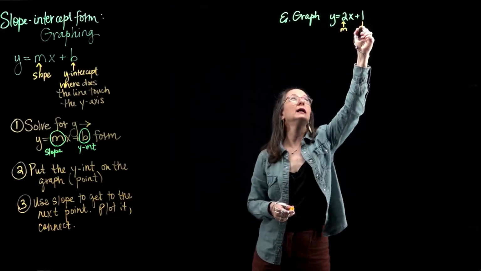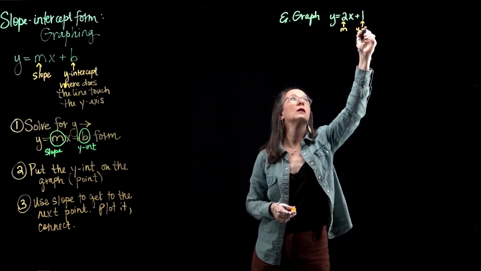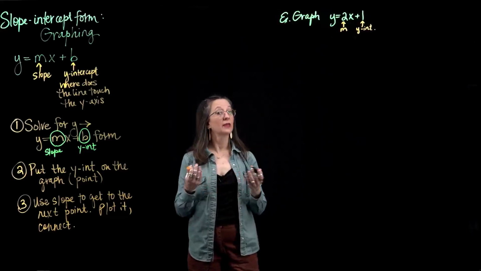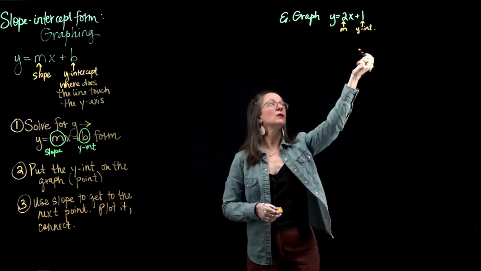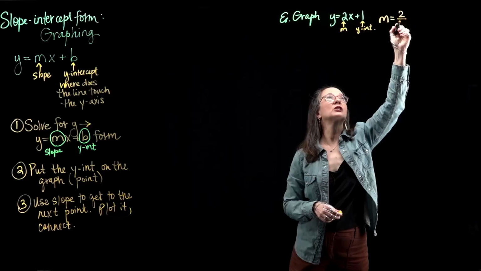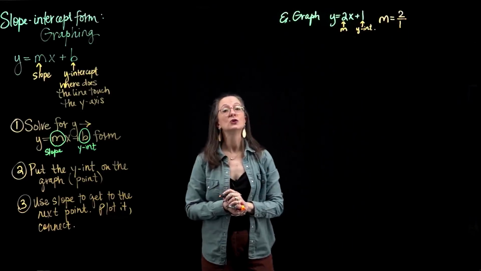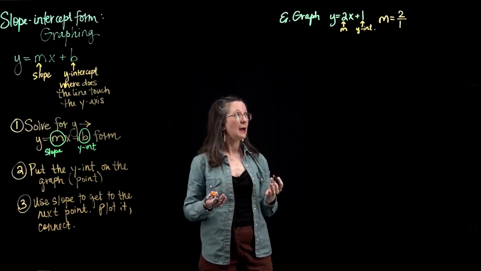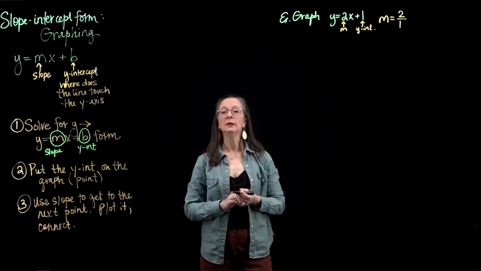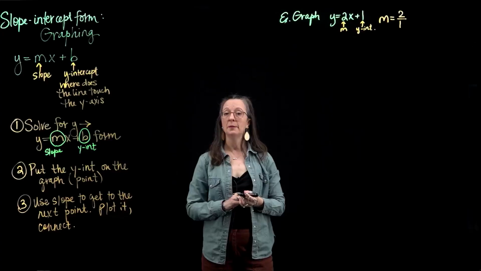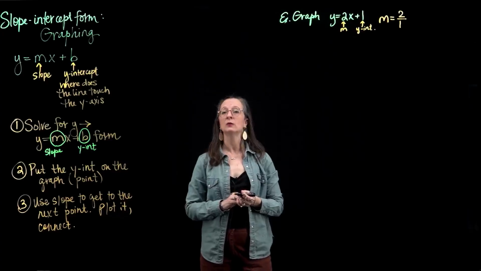And my y-intercept is 1. So that tells me my slope, and we write it as a fraction, is 2 over 1. That means from any point, to get to the next point, I can go up by 2 and right 1.